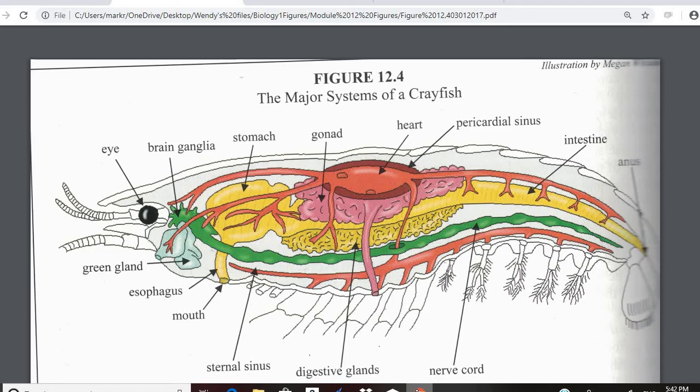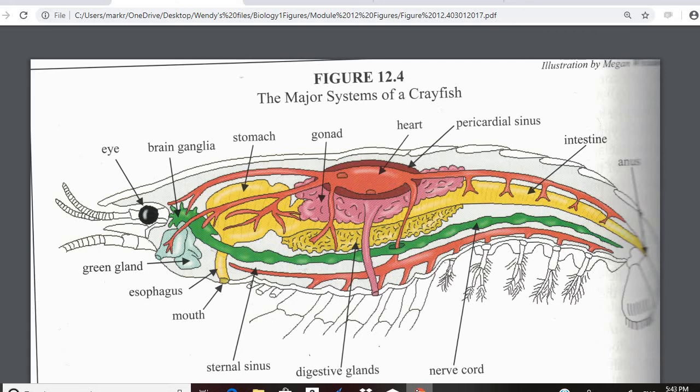If we look at the reproductive system of the crayfish, so the crayfish are male or female, and so this, well, I guess they just call it a gonad here.